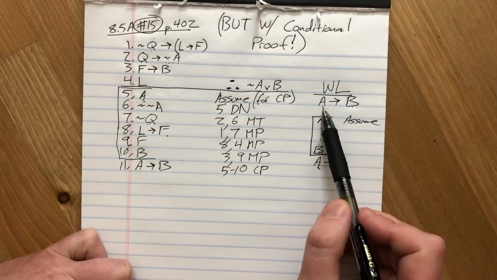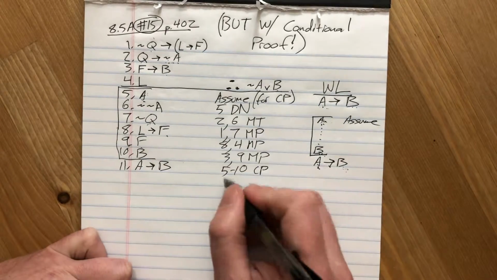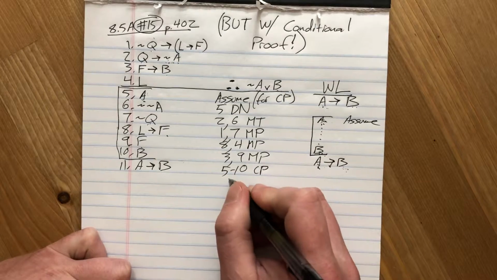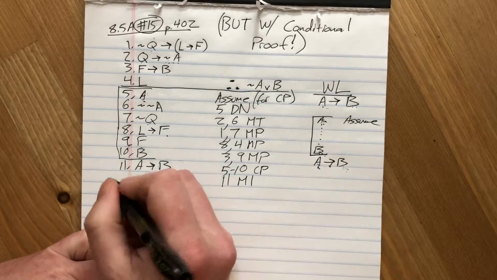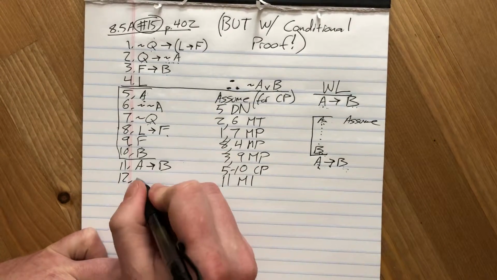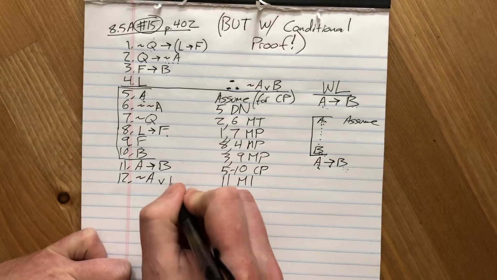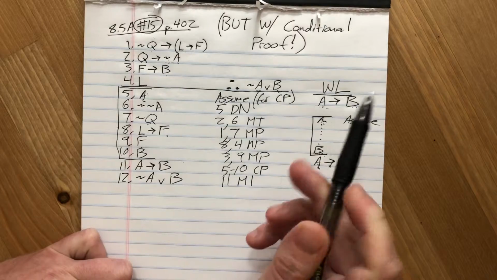Remember, we said if we could get this conditional, then because there's the rule material implication, MI, when we apply that to 11, it gives us not A or B. And now we have our conclusion.